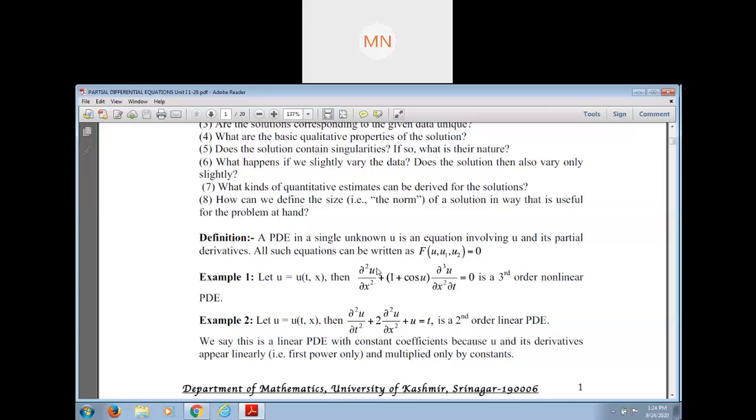In some books they also write u dash, capital D and capital D dash; these are used to denote partial differentiation. Remember that, don't confuse.